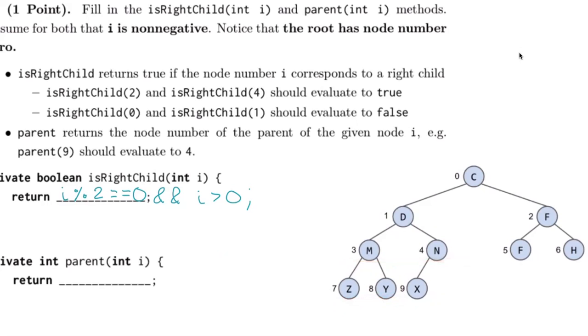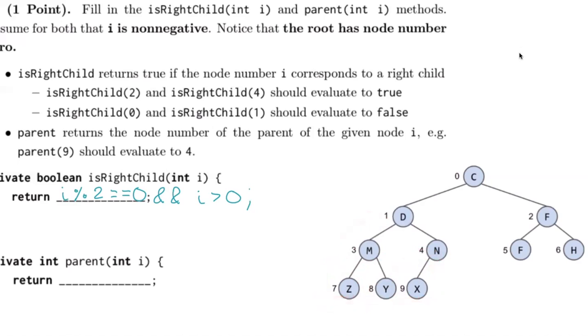And so if we took 3 and we divided it by 2, in Java with integer division, that would round down to 1, which would be our parent. If we took 7 and we integer divided it by 2, that would round down to 3. If we took 9, divided it by 2, that would round down to 4.